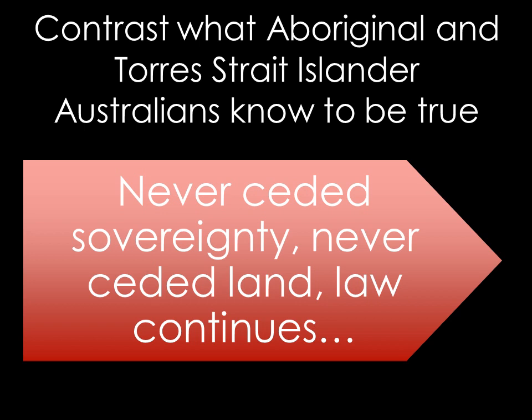So the knowledge and experiences of traditional owners, which is that sovereignty has never been ceded, that the land itself has never been ceded, and that traditional law continues. So we have this fundamental tension between the perceptions of the Anglo-Australian legal system and the understanding and the truth, I guess, as it is known by Aboriginal and Torres Strait Islander Australians.